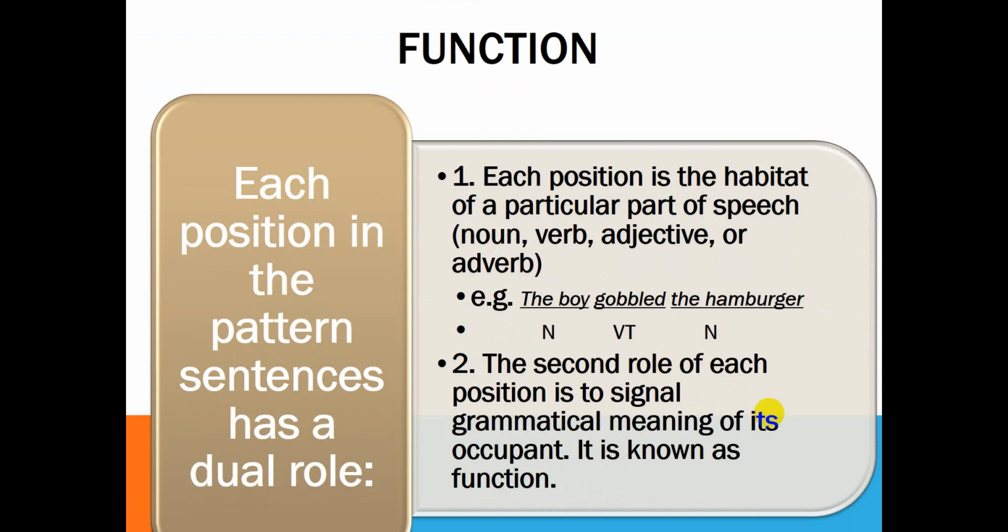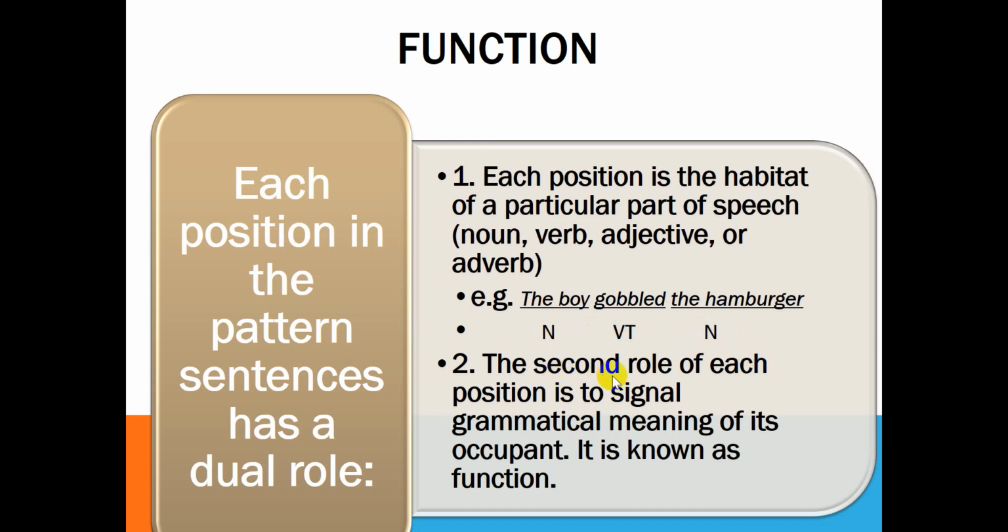So if we review again, each position in the pattern has a dual role. The first one, each position is the habitat of a particular part of speech: noun, verb, adjective, adverb. So here we have the pattern noun, transitive verb, noun, for example. This is pattern 7.